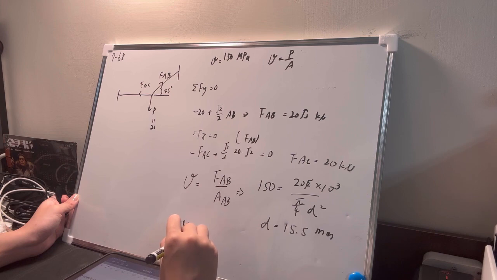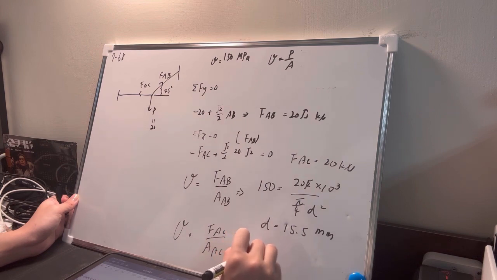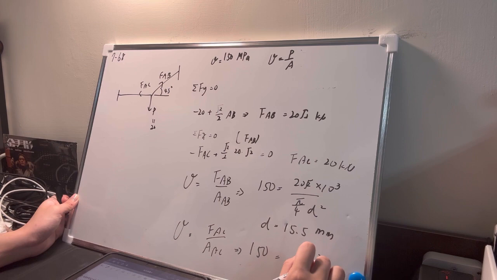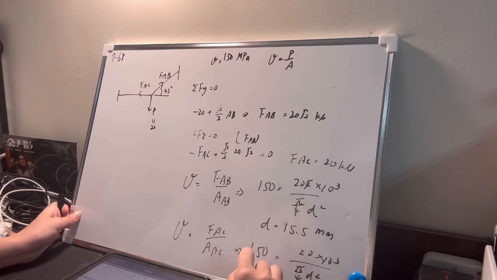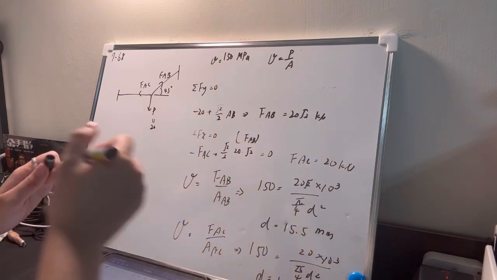And this one also, for AC, the area is equal to 20 times 3 over pi D squared over 4. So the D here for AC is 13 mm.